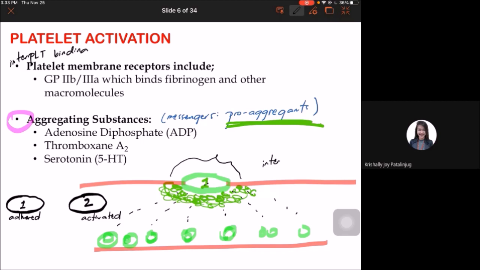And para maghitabo ang interplatelet binding, kailangan nila mag-express og certain receptor, and that receptor is called glycoprotein 2B3A. That's the name of the receptor. And para saan siya? This is responsible for the interplatelet binding.